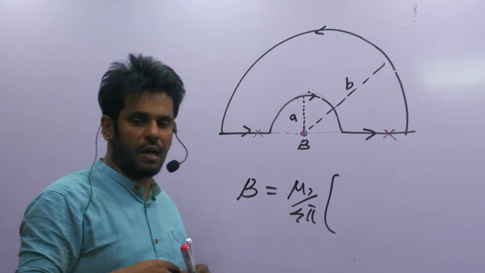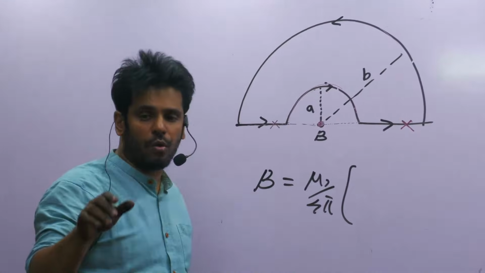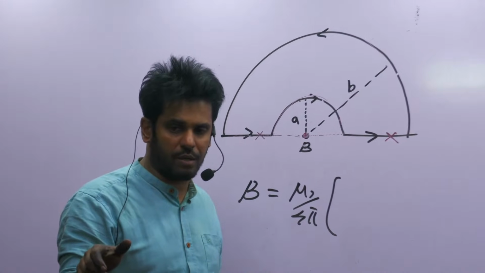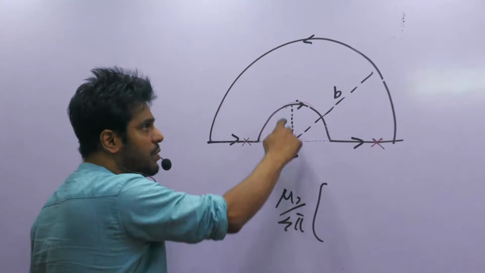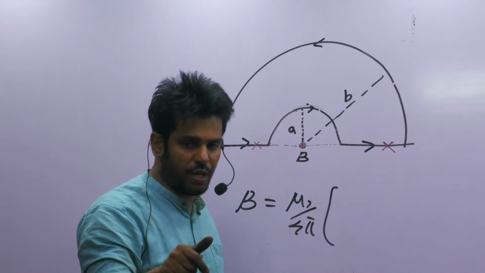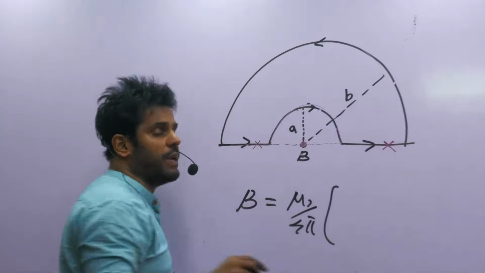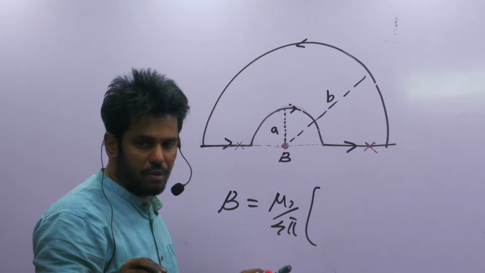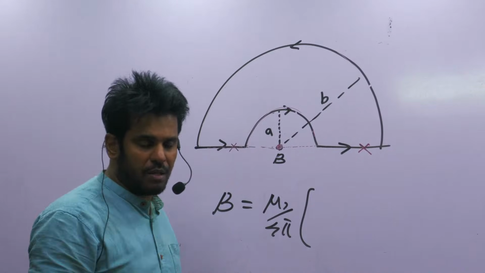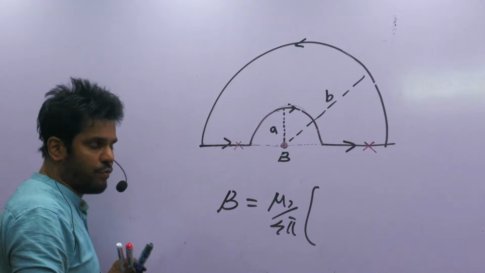Now listen to me. Always closer wire makes larger magnetic field. When the wire is close to our necessary point, it makes the larger magnetic field. When the wire is far, it makes low magnetic field, because magnetic field is inversely proportional to distance. This is the method to label direction of magnetic field.